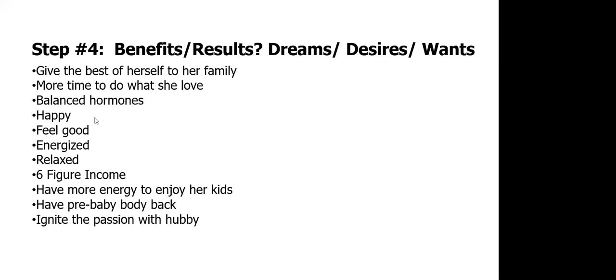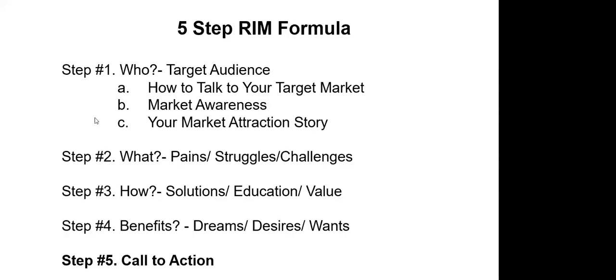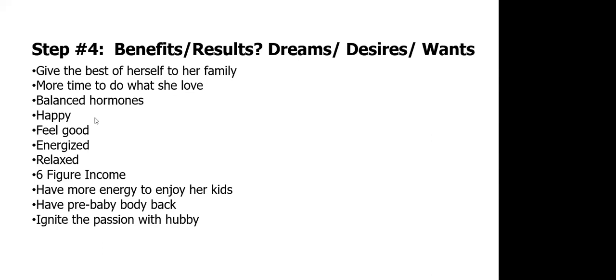She wants to feel good. She wants to be energized. She wants to be relaxed. She wants to have a 6-figure income. She wants to have more energy to enjoy her kids. She wants to have that pre-baby body back. She wants to ignite the passion with her hubby, okay? So these are some things that, again, when I just looked at the different problems, I was able to put those together.